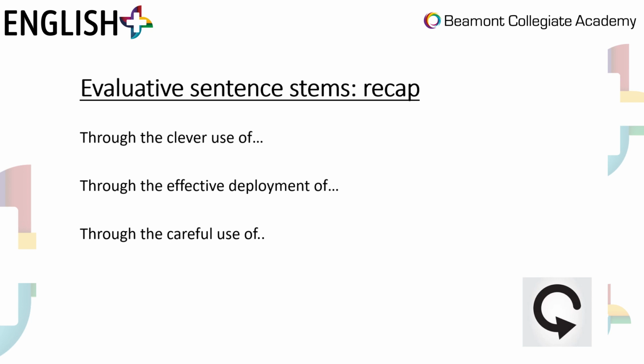So you might say through the clever use of description, through the clever use of vivid imagery, through the clever use of a metaphor. Now if you're really stuck, say through the clever use of the phrase. What you don't want to say is through the clever use of and then just force your quote in there, because that isn't right. Now in a minute I'm going to show you an example of a student who's followed the writing frame and scattered the quotations well.